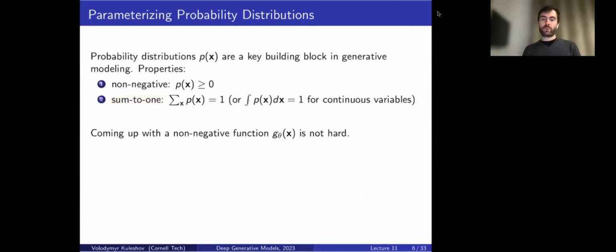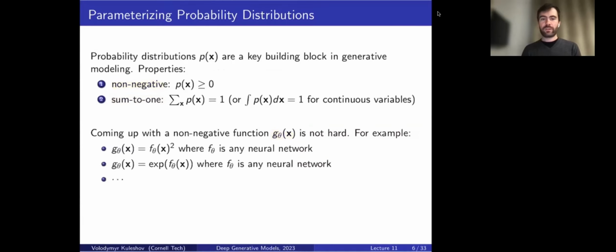So maintaining these properties can be hard or can be easy depending on which property we're interested in. So coming up with a non-negative function, g of theta x, that is usually the easy part. Here is just a set of examples of models g of x that are non-negative, that satisfy the first criterion.